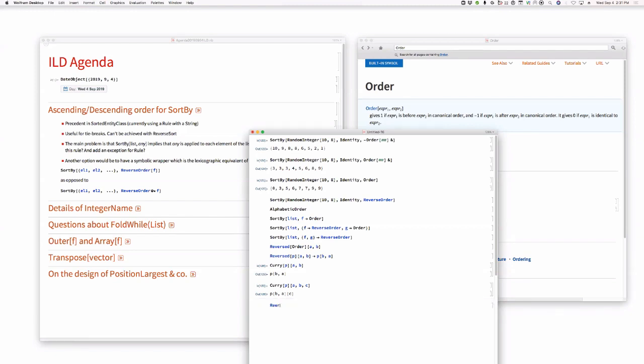But reversed could perfectly well go to P of CBA. Right? Yep. Maybe argument reverse. That's hopeless. Think about what the code is going to read like.